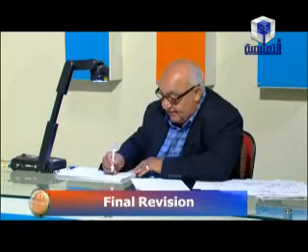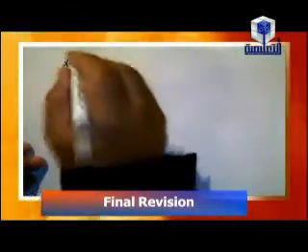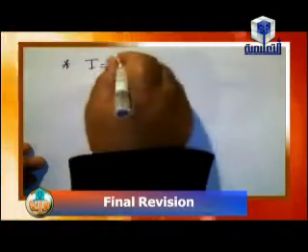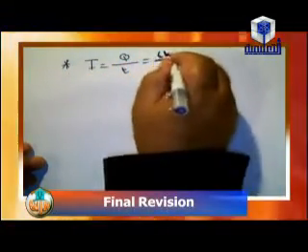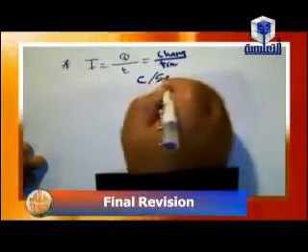Another idea we must concentrate on is the rule by which we can find current intensity. Current intensity I equals Q over t, where Q represents charge and t represents time. The unit of current intensity is coulomb per second.